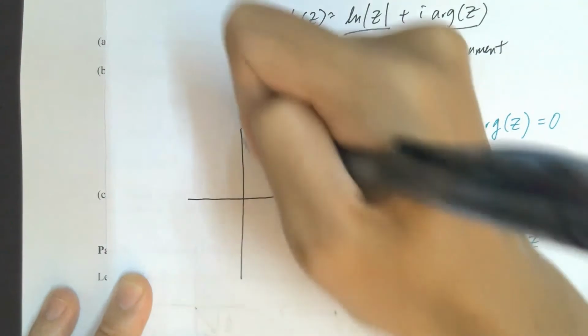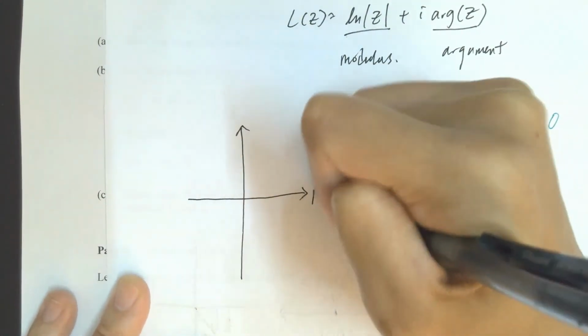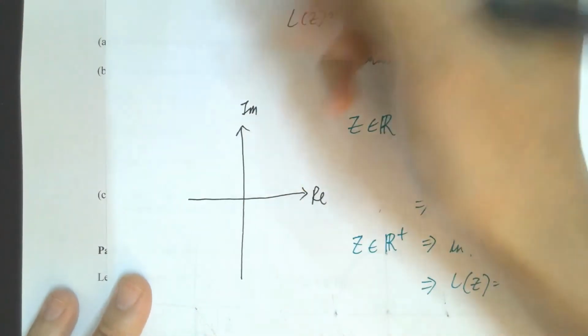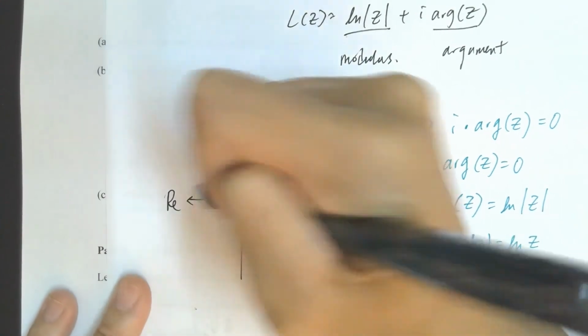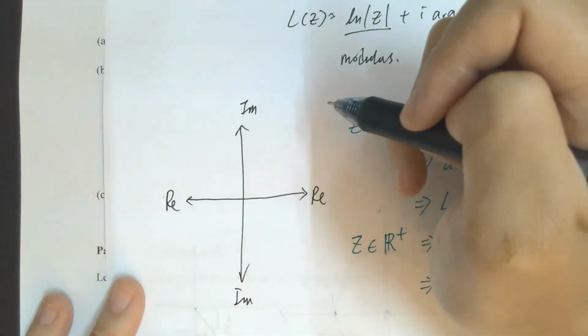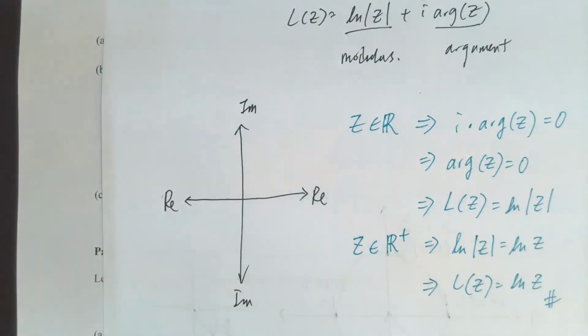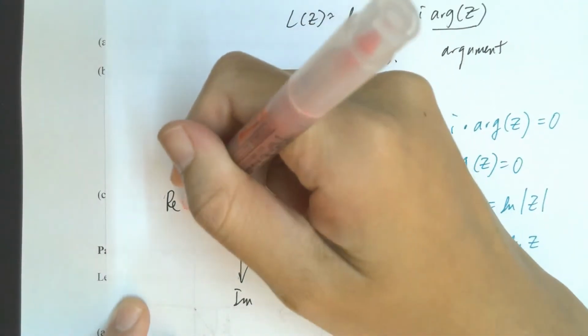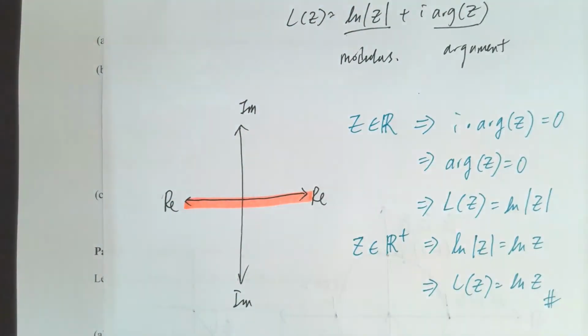This is the real axis and this is the imaginary axis. Everything that is only real must lie on the real axis, because there's no imaginary part.